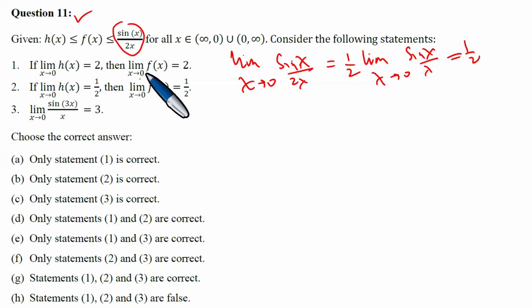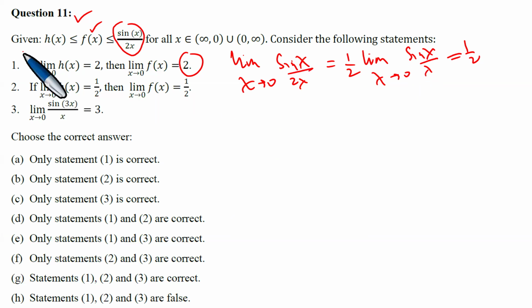Now, obviously, for the limit to be 2 here, you'd require that this function is a bounded function, but not only that, if the limit of h is 2, these would also have to be 2 at least, but it is 1/2.